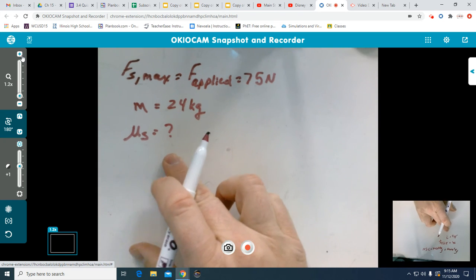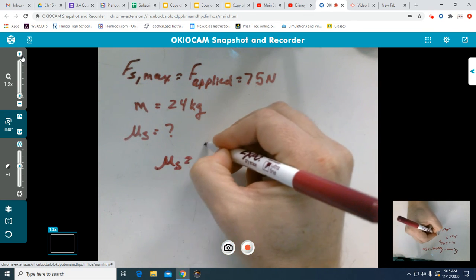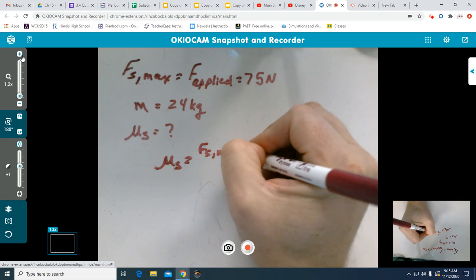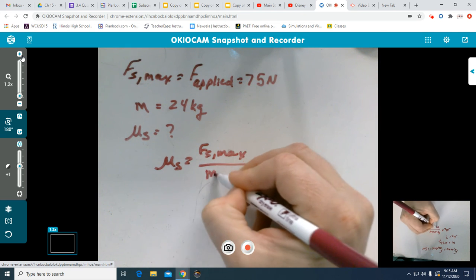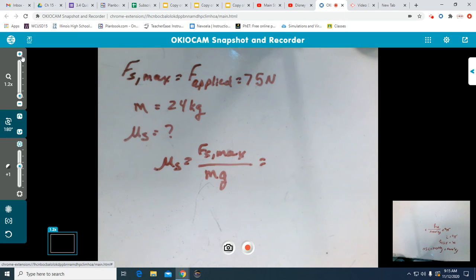Since that's what we have to solve for, we can use the formula that we just saw. Again, we don't know the normal force. It's not given to us, so we have to do a little calculation, but we can do it within the formula itself. Since we're not told that it's being applied at a certain angle, it's just your basic straight calculation. You don't have to do any cosine.